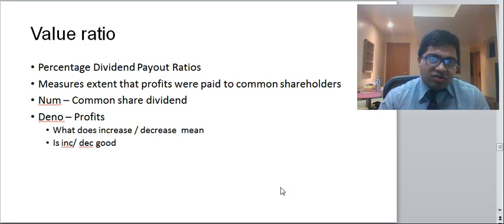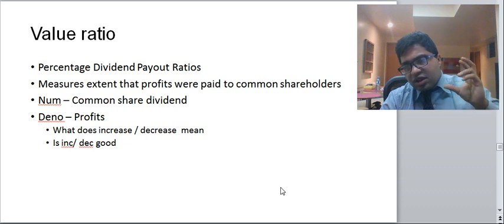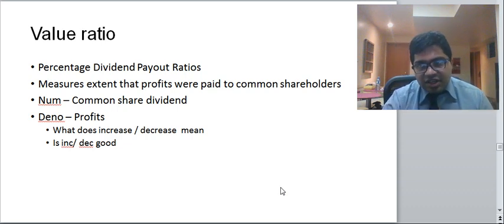Next is value ratios. The first value ratio is the percentage dividend payout ratio. It measures the extent that profits were paid to common shareholders. In the numerator you have common share dividends, in the denominator you have profit. So it tells you how much percentage of profits were shared with shareholders.